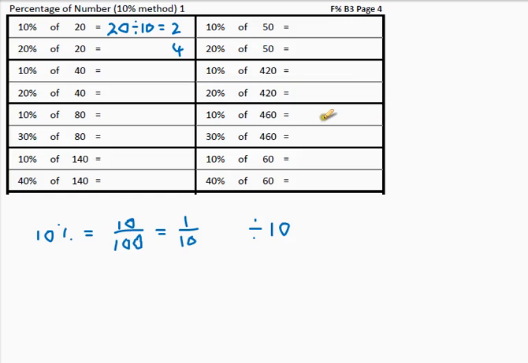Now for those who need a little bit more help, let's just go through here. What is 10% of 460? It is whatever the number is divided by 10. And that gives us 46. Now, how do you get from 10% to 30%? You times by 3.